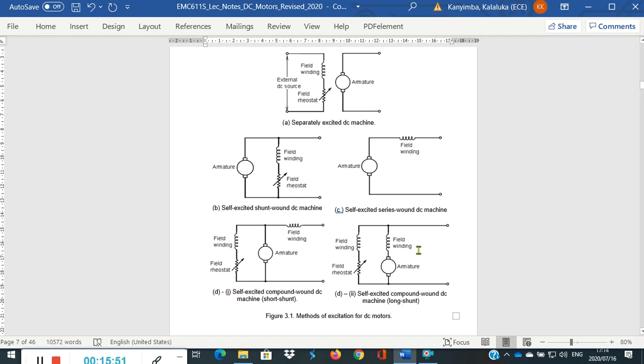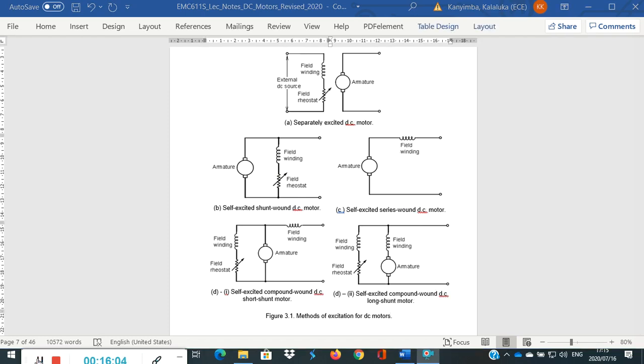And this gives us two possibilities. Figure 3.1a shows the separately excited DC motor.